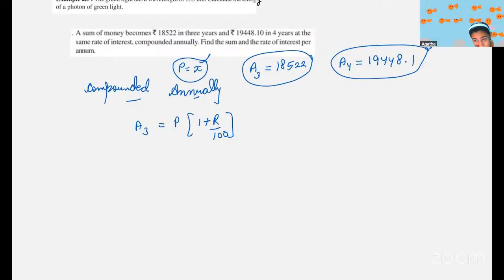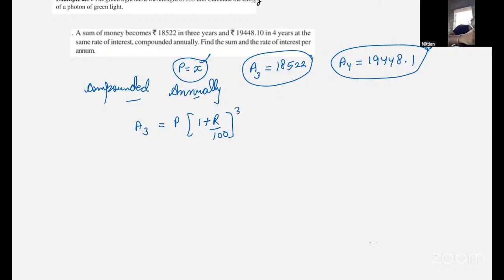First case it's 3. Second case is 4. Correct, because it's compounded annually. So amount is 18522 is equal to P into (1 plus R upon 100) to the power 3.